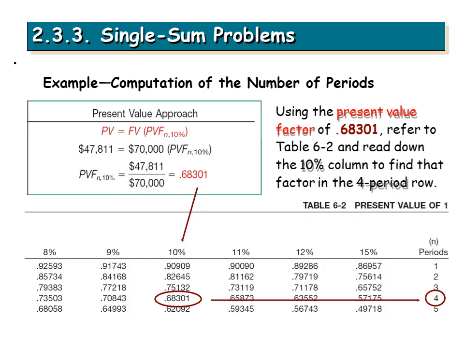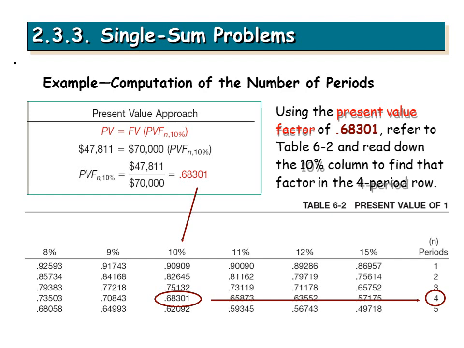Then when we divide by $70,000 on both sides, we get 0.68301. This is our present value factor. By referring to our table and reading down the 10% column to find the factor for 4 periods, going down in 10%, we get our factor values.